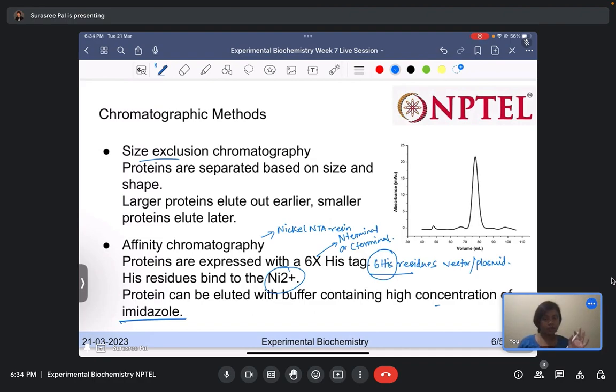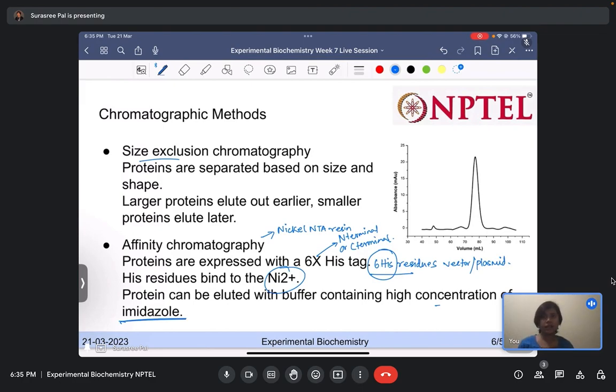Now, with our protein of interest, there can be several other proteins which can come out with it. Why? Because many bacterial proteins also contain these histidine residues, because histidine is a common amino acid. So these bacterial proteins which contain histidine residues will also bind to the matrix, and when we are eluting with higher concentrations of imidazole, they can also come out with our protein of interest.